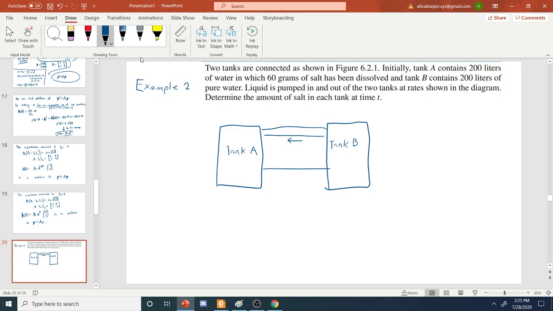And we're going to suppose that tank A has a pump going this direction.